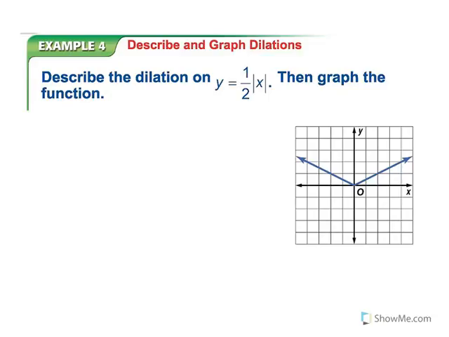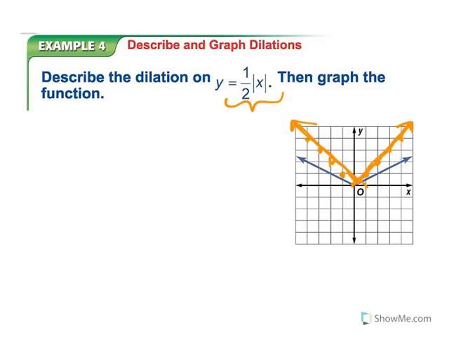So we know it goes through 1, 1, 2, 2, 3, 3, 4, 4, 5, 5, negative 1, 1, negative 2, 2, negative 3, 3, negative 4, 4, and so on and so forth. So here's our original parent function graph. And when we multiplied the outside by 1/2, it looks like it had a vertical shrink.